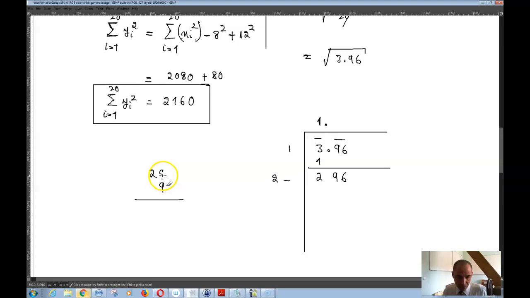I have done this calculation already, so I know the answer, otherwise I would have to search.